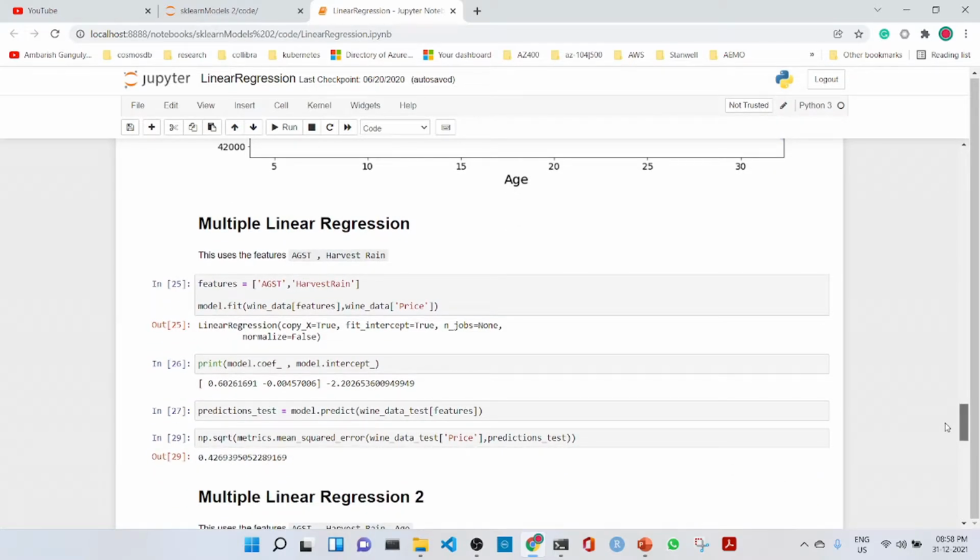Now, if we use multiple linear regression, that is using AGST and harvest rain, then we do it the same way by model.fit and then the price, and then we get the root mean square error as 0.426939.